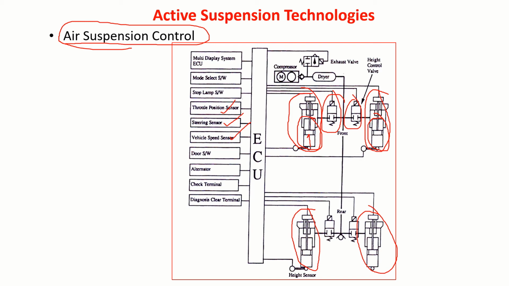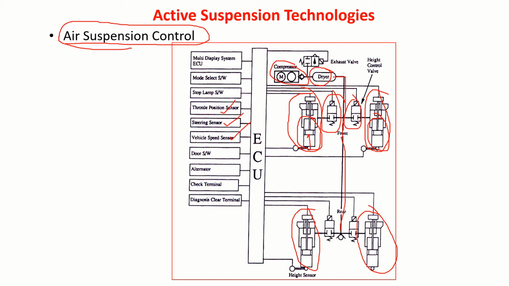Okay, so this kind of active suspension technology is also used. I'm not talking very much in detail. Probably from the sketch itself, you can understand the working of this system. That's the reason why I'm not dealing in detail, because you can also understand there is an air compressor here, then air is dried, then the dry air comes out here, correct?